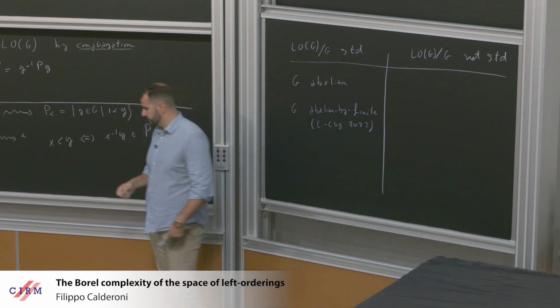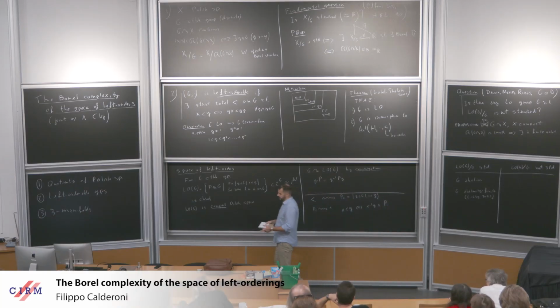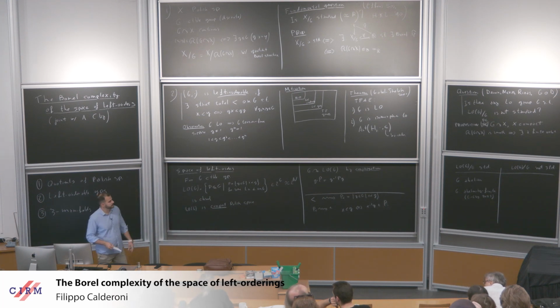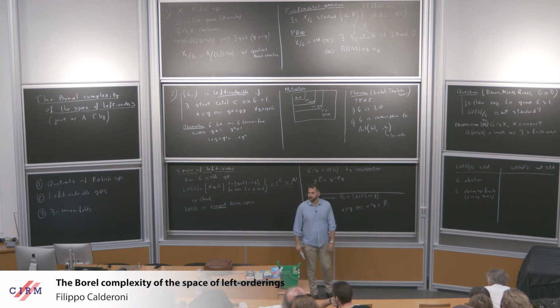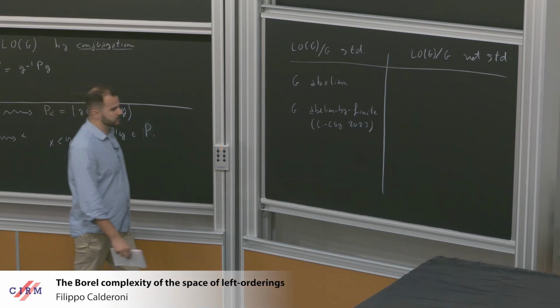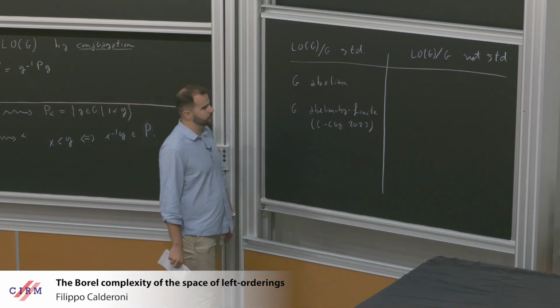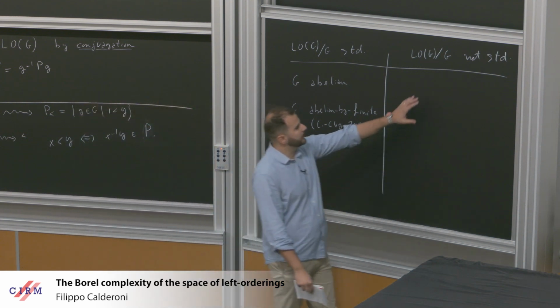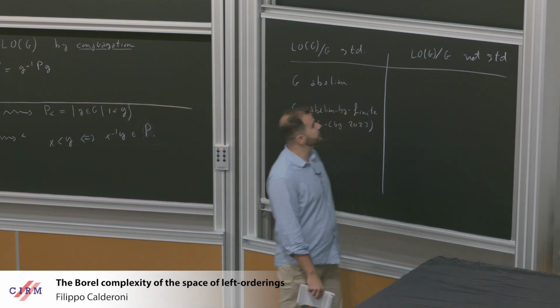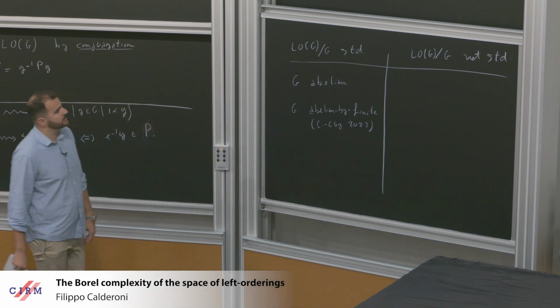And the reason is because if G is abelian by finite, which means that there is an abelian subgroup of finite index, then every equivalence class is finite. So the orbit equivalence relation is smooth.